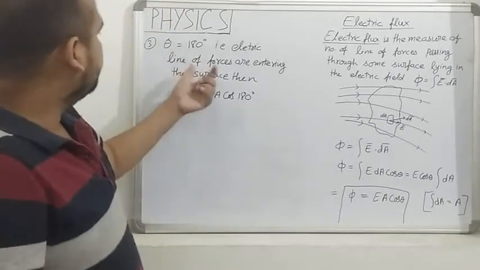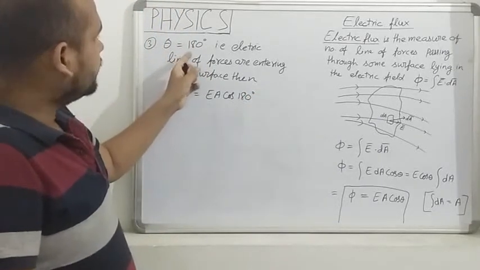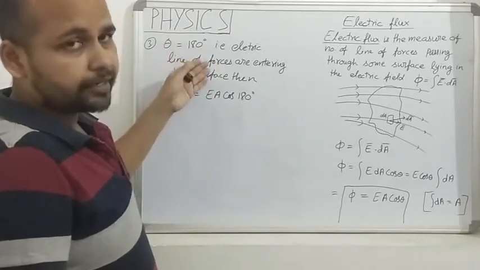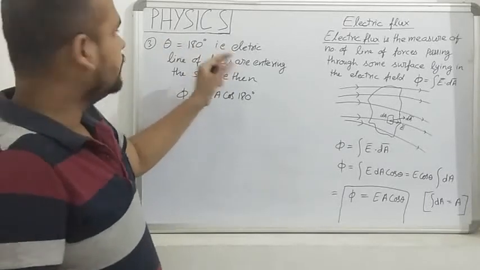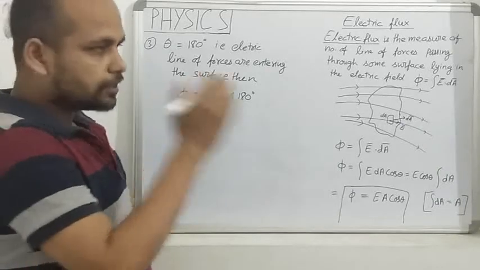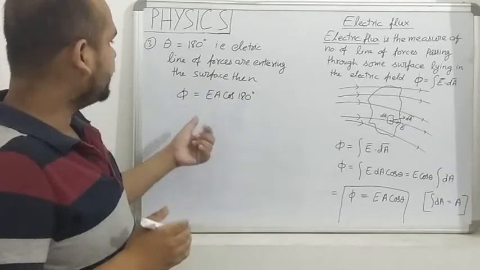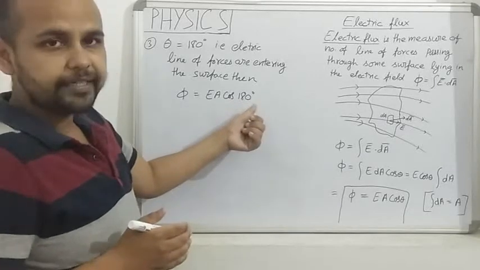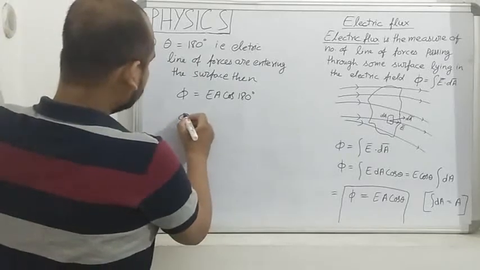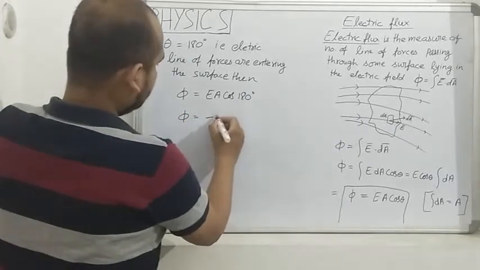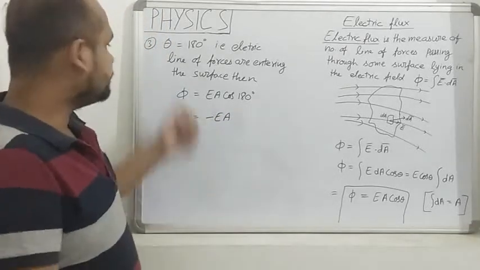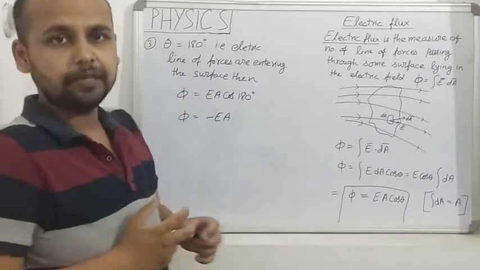Okay, so when the angle between the electric field, means electric line of forces, and the area vector is equal to 180 degree, it means the electric line of forces are entering the surface. At that time, what will happen? Phi will be equal to EA cos 180, and we know cos 180 is equal to what? -1. So we will get the electric flux as minus EA. Is that clear? So these were the three cases which you must remember.